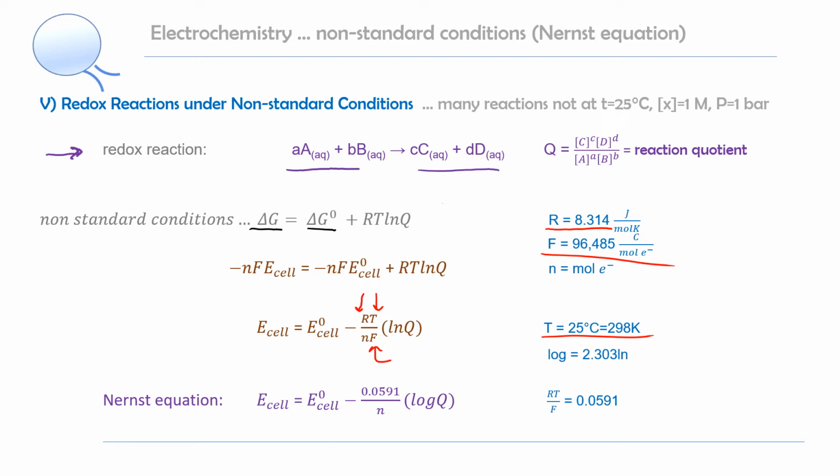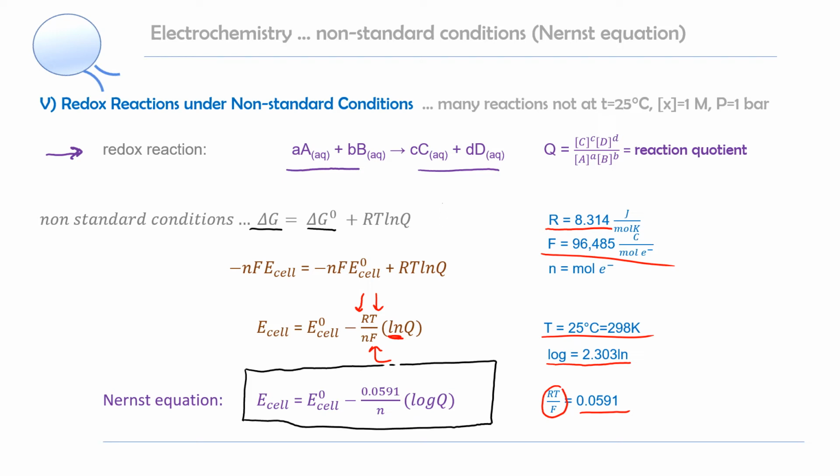And I'm also going to convert from log base e to log base 10, and that conversion is this. If you multiply all those constants together, RT over F comes to a value of 0.0591. So now I've got a nice clean equation called the Nernst equation, which predicts the cell potential for any redox process under non-standard conditions.